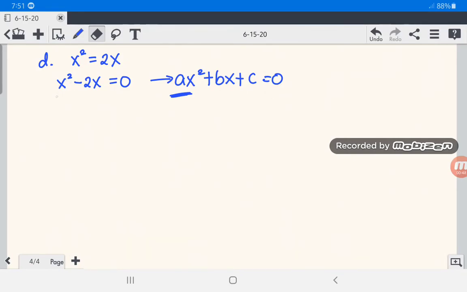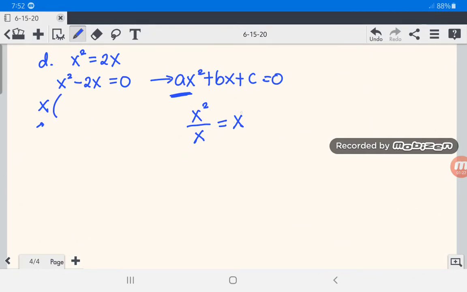So what are you going to do next is, this is not a trinomial, instead this is a binomial. So how are you going to factor it? Simply, notice that we have a common factor, which is x. So factor out the variable x, then how are you going to get the other factor? You're going to get the first term, which is x squared, then divide it by the common factor, which is x.